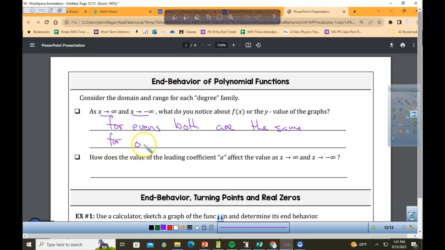For odds, they were opposite. So if one was infinity, the other one was negative infinity. And how does the leading value matter? Well, if our leading coefficient was less than 0, it flipped the end behaviors.